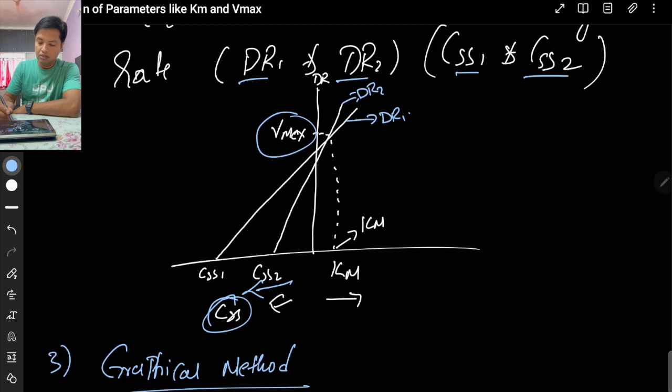Wherever the lines of the two doses intersect, extrapolate from that intersection to touch the y-axis, and you will get Vmax there. From the intersection, if you extrapolate to touch the x-axis, we will get the Km value there.